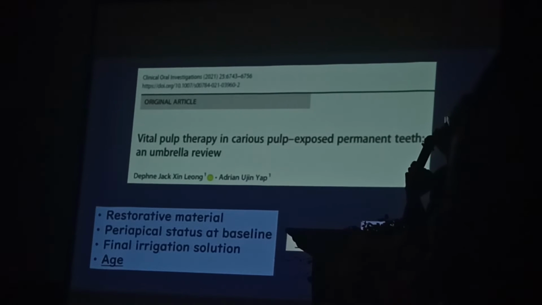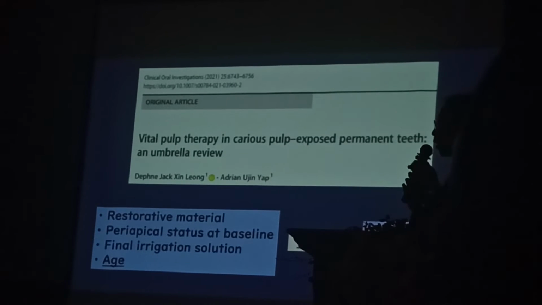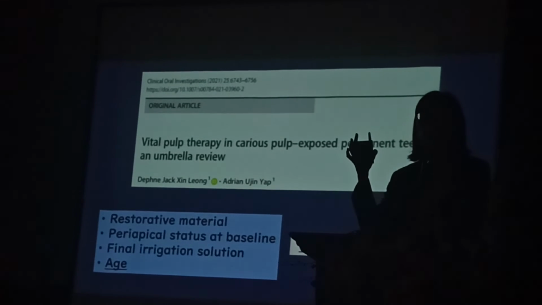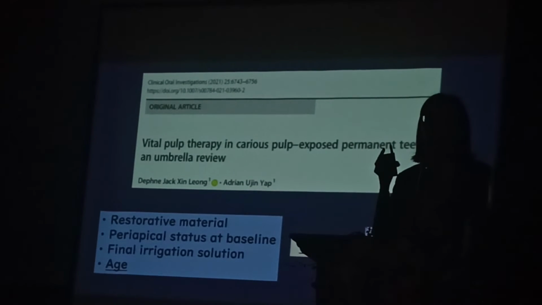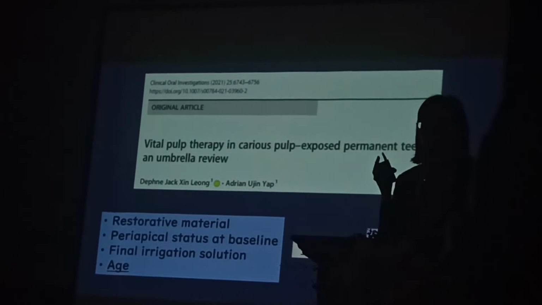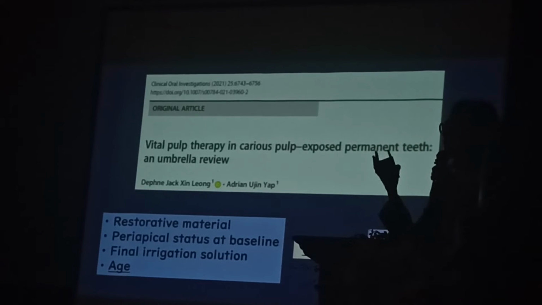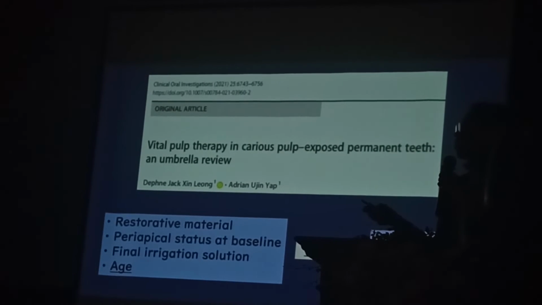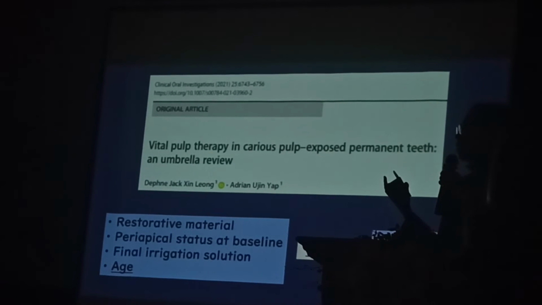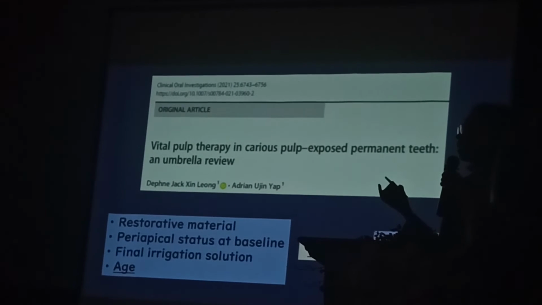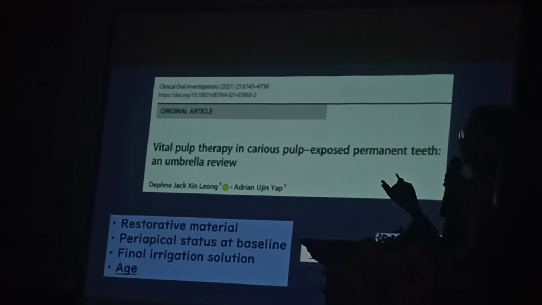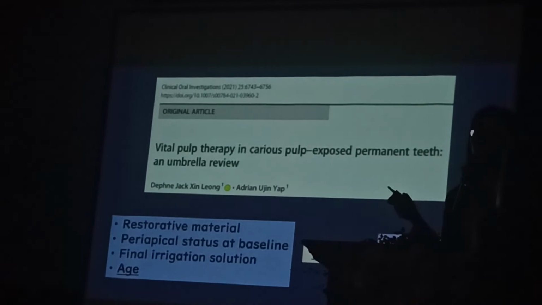Okay, and for the umbrella review, which puts all systematic reviews together, the result is the same. You can see that restorative material, periapical status, final irrigation, and age that we're talking about did not affect the treatment outcome.